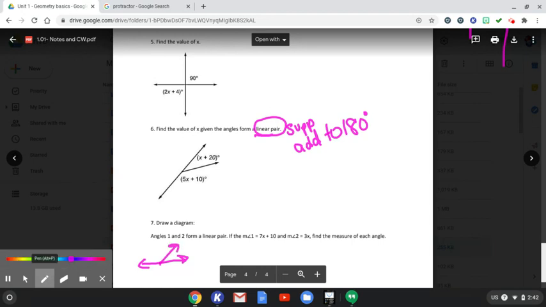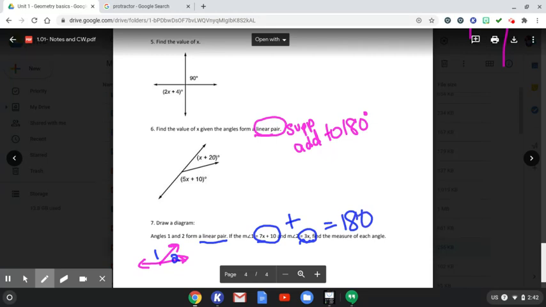And you number, or name, each of those little angles, angle 1 and angle 2. So angle 1 is represented by 7x plus 10. Angle 2 is represented by 3x. And since there's a linear pair, those angles would add to 180 degrees. So I hope that little clue helps.